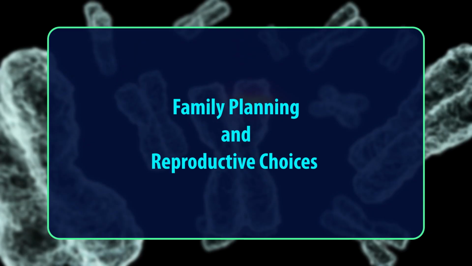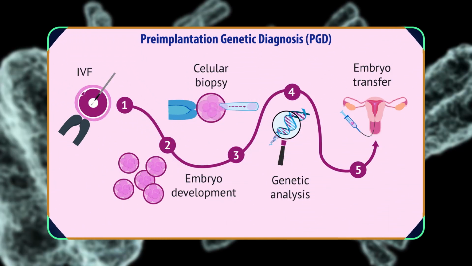Family planning and reproductive choices are also important. Couples with a known risk of chromosomal mutation often face important decisions regarding reproduction. Genetic counseling supports them by discussing possible options, such as preimplantation genetic diagnosis, used with IVF to screen embryos for genetic defects before implantation.